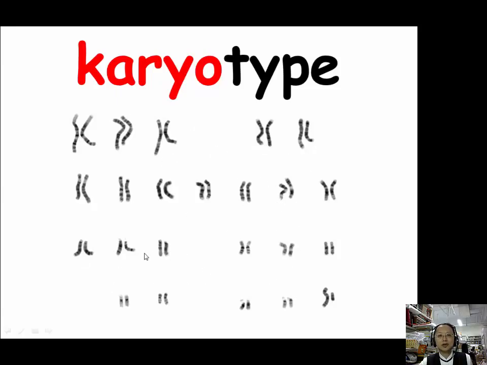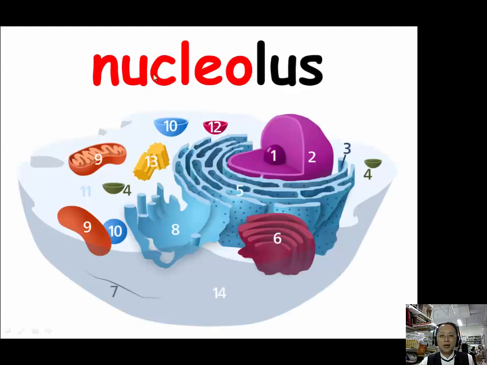Like in this photo, we can say that this is the karyotype of some person. Our example for nucleo, N-U-C-L-E-O, is nucleolus.